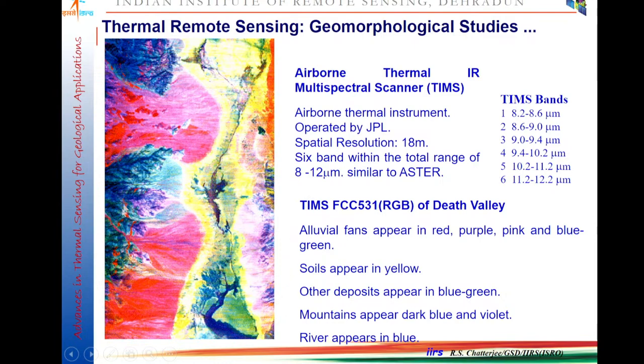Similarly, in case of water bodies, and hard and compact rocks where thermal inertia is high, then what will happen? If thermal inertia is high, then temperature change will be less. So daytime and nighttime temperature will be similar. That means the temperature of the rocks will be high, and because temperature is high, maximum radiation will take place in the shorter wavelength.